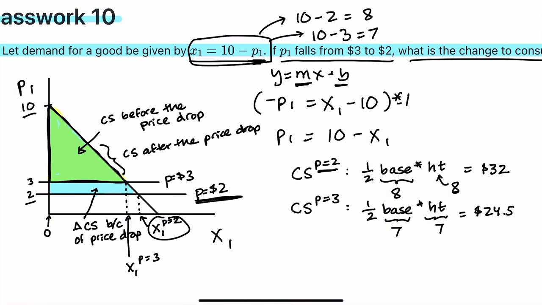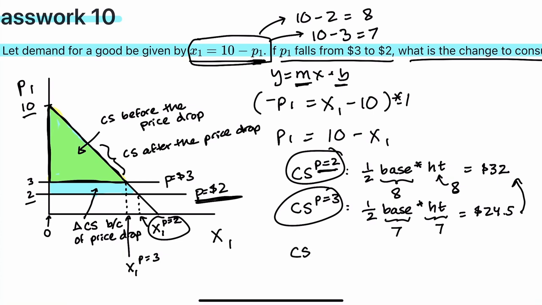So the price went from $3 to $2, and we go from having a consumer surplus of 24.5 to having a consumer surplus of 32. How much did the consumer surplus change? 32 minus 24.5.